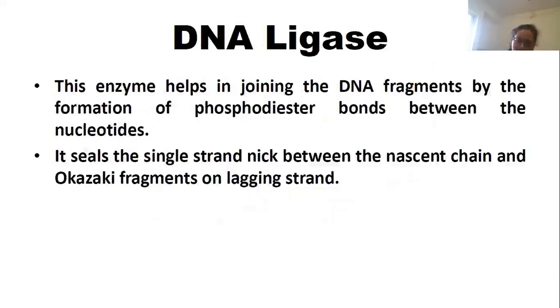For that supercoiling removal, another set of enzymes, gyrases or topoisomerases, are there. They will act on these supercoils, relieve the strain in the double helix of the DNA, and help the unwinding and replication process proceed successfully.